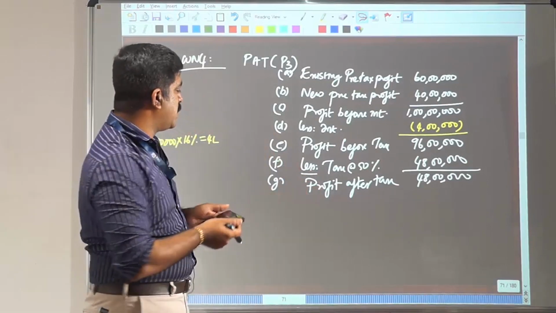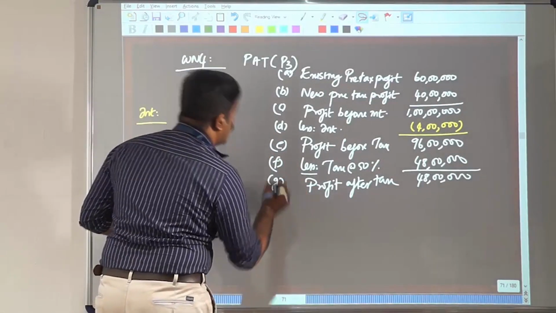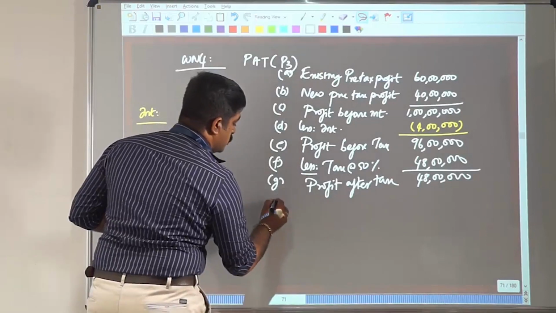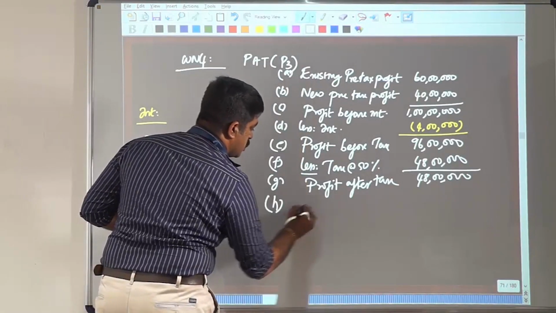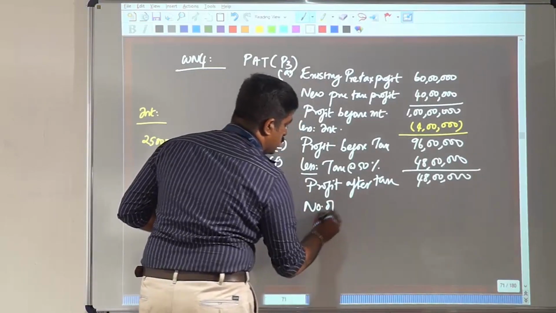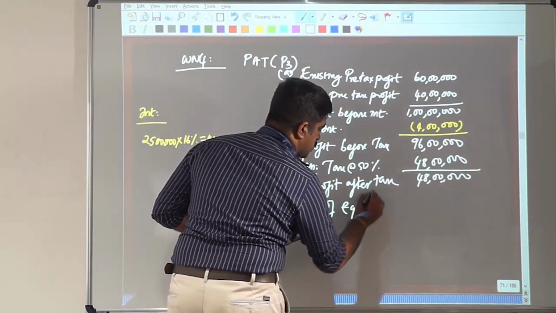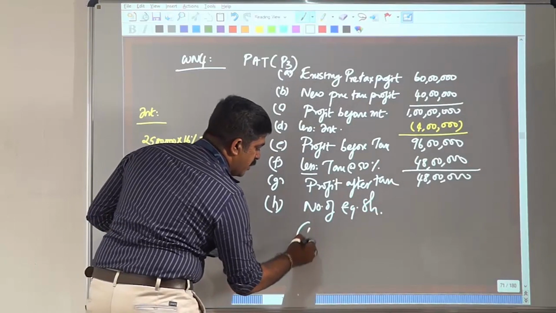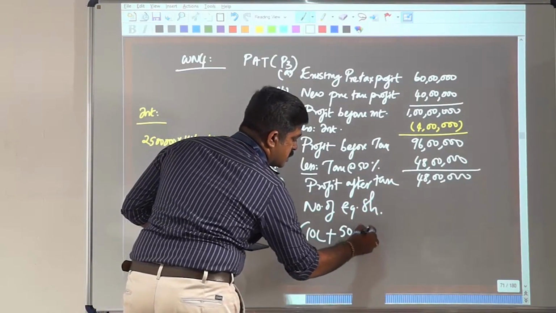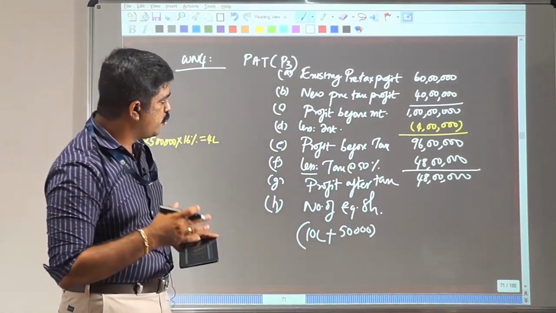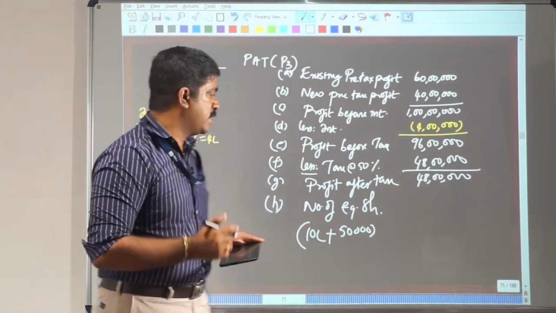Now from this 48 lakh, I have to divide by the number of shares, item H, number of equity shares. And we know that already they have 10 lakh plus they have to issue 50,000 shares, and we have already calculated in working note 1 that the number of shares is going to be 10 lakh 50,000.